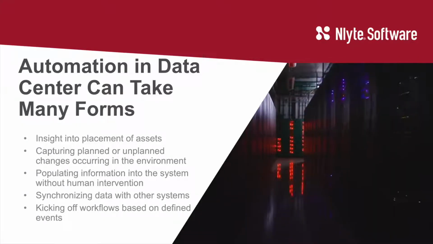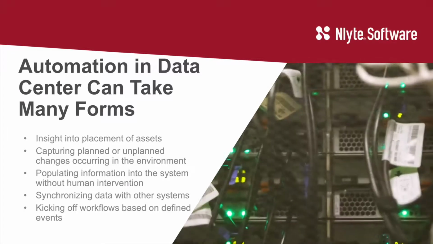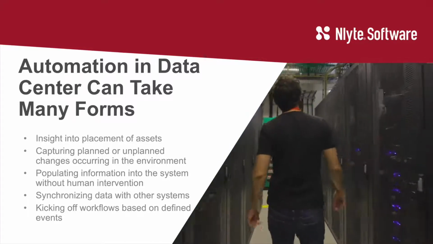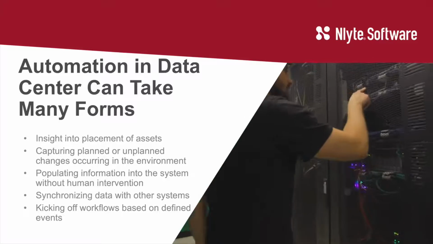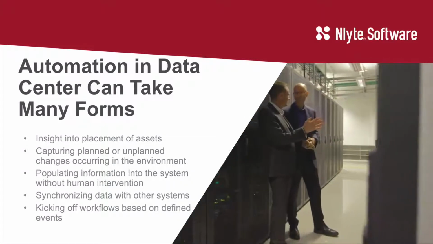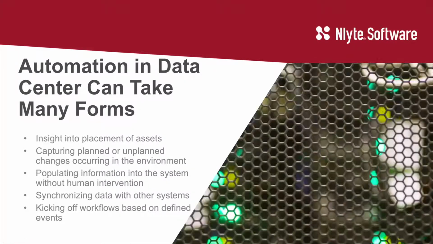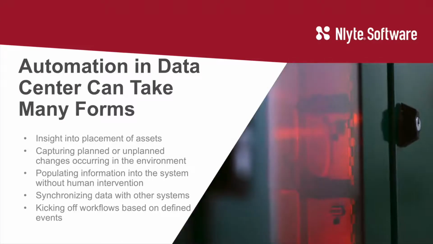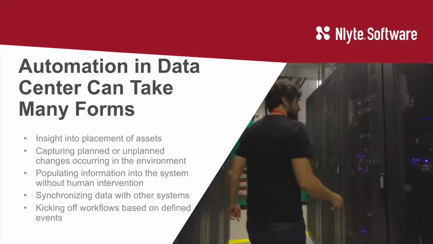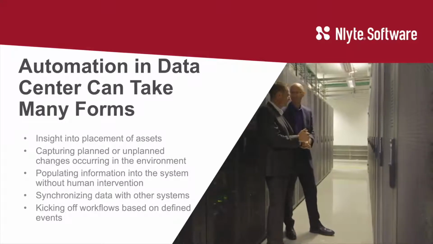It might be capturing planned or unplanned changes occurring in the data center environment and then populating that information into your systems. It can be synchronizing the data you have with other systems in an automatic way so that systems are continually up to date and accurate. And it can also be kicking off workflows based on defined events occurring within your infrastructure. There are a lot of different ways you can automate, and we'll talk in a little more detail in a couple of slides, but this is, at a high level, the ways that automation can help you.